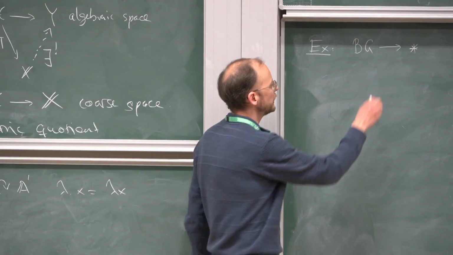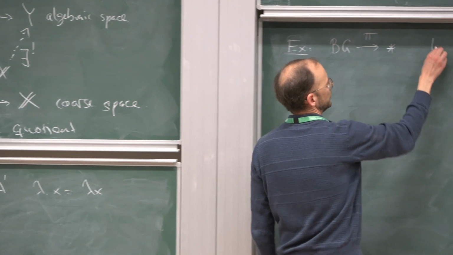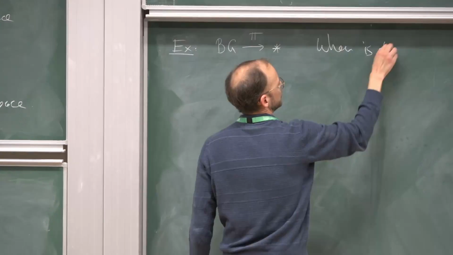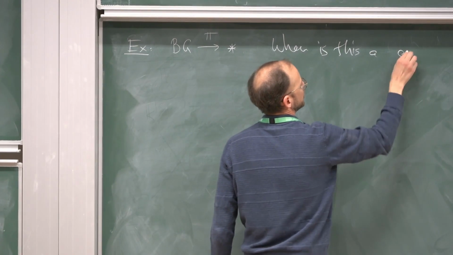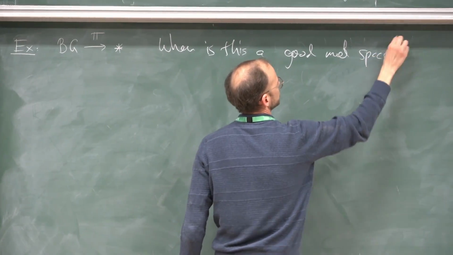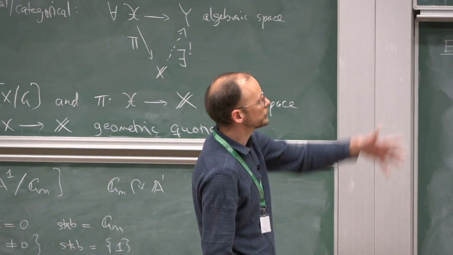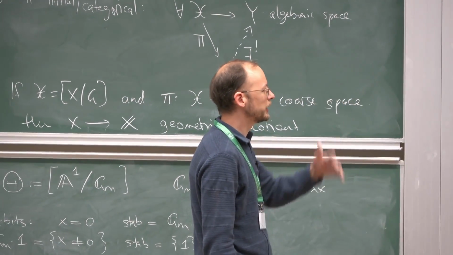Okay, but let's analyze this situation. When is this a good moduli space? Let's see what the conditions say. Coarse compactness: it's just one point, so it's coarse compact.